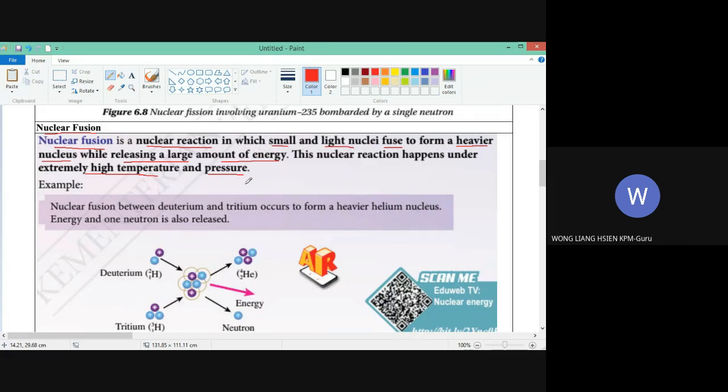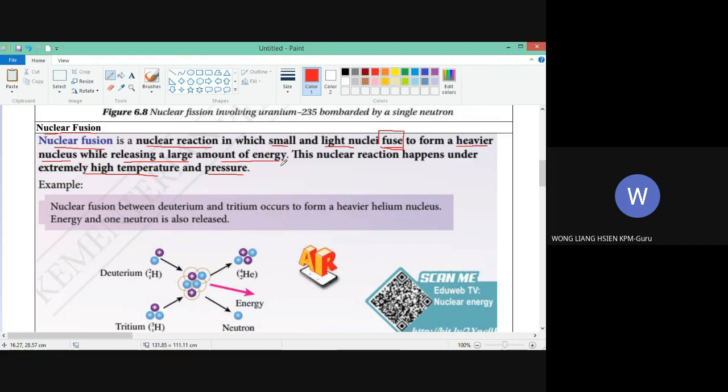In nuclear fission, one very heavy, big mass, unstable nucleus splits into two smaller and lighter nuclei. In nuclear fusion, it is the opposite. Small and light nuclei fuse, that means join together and become a heavier nucleus, a nucleus with higher mass, while at the same time releasing a large amount of energy.